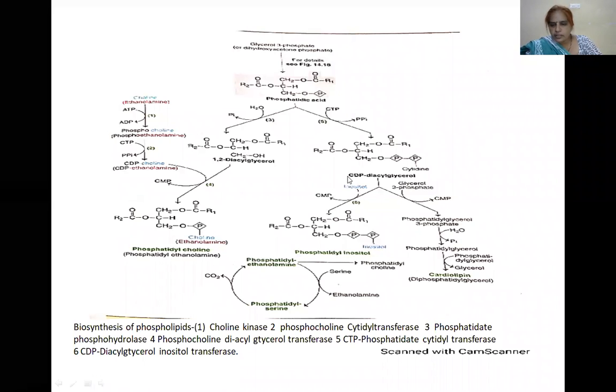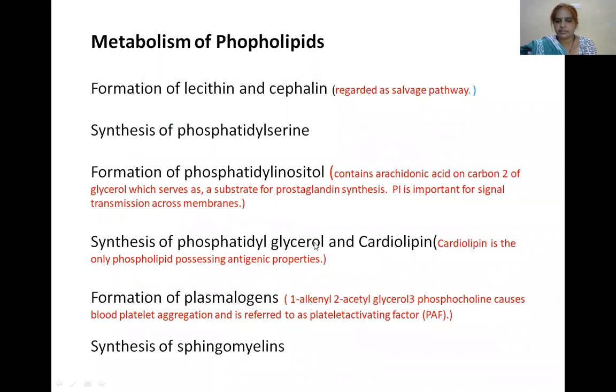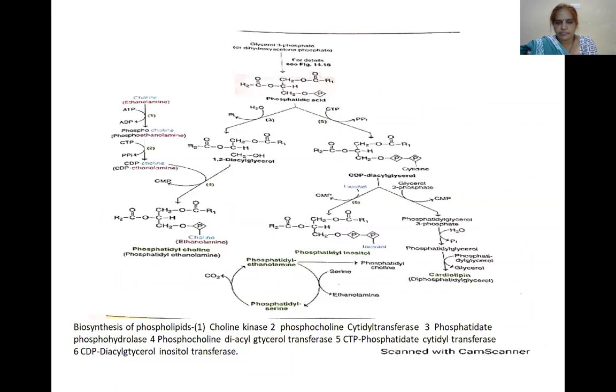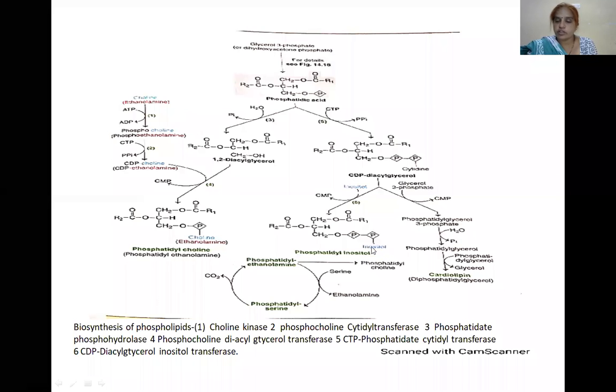CDP-diacylglycerol, when combined with inositol, produces phosphatidylinositol. The important point is that phosphatidylinositol contains arachidonic acid at carbon 2.